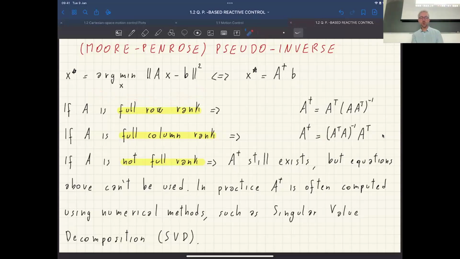But I think it's still good to know that we have this relationship between the least square program and the use of pseudo-inverses, which is going to allow us to draw a connection between the use of the pseudo-inverse we have seen in Cartesian space control last time and the use of least square program for Cartesian space control that I'm going to talk to you about in a moment.